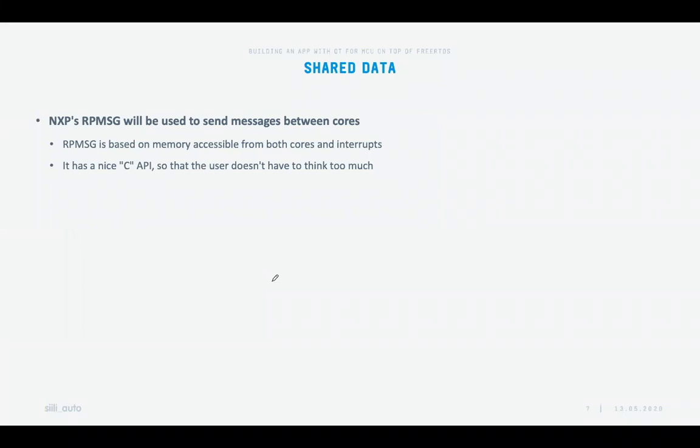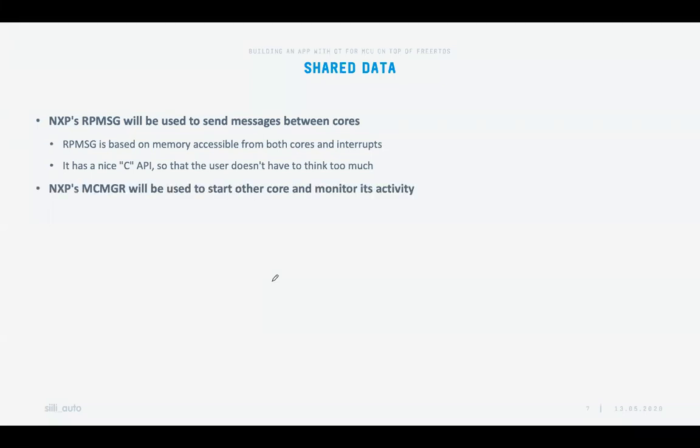It has a nice C API, so we don't have to think as much about how to actually use it. In the example, I will go through how to use it and explain why this is easier than using shared memory and interrupts by yourself.